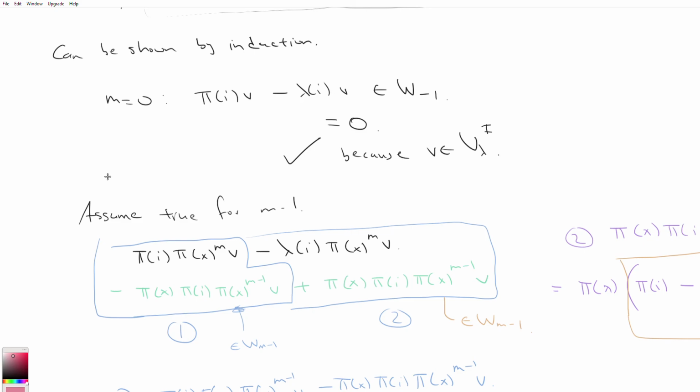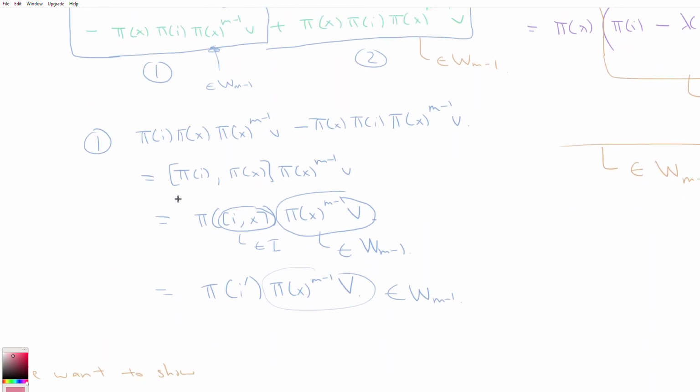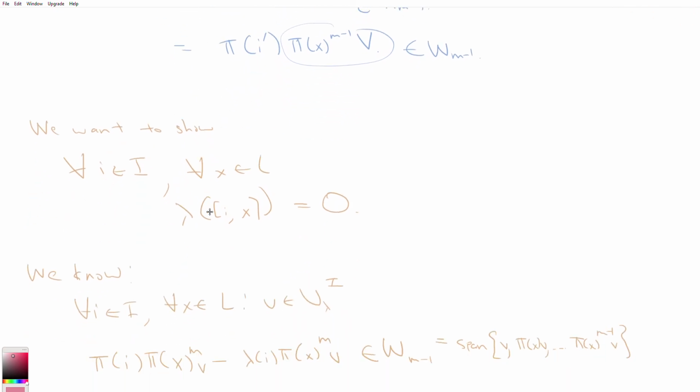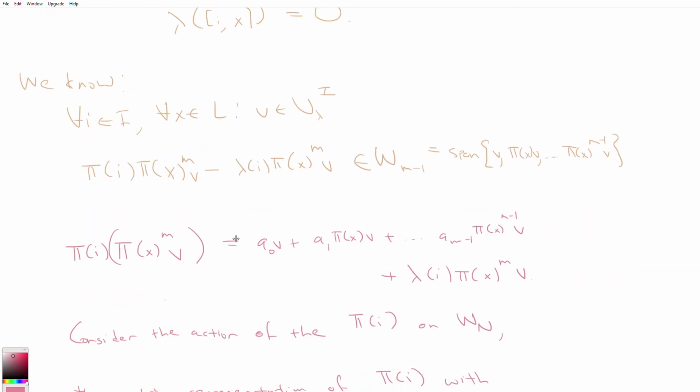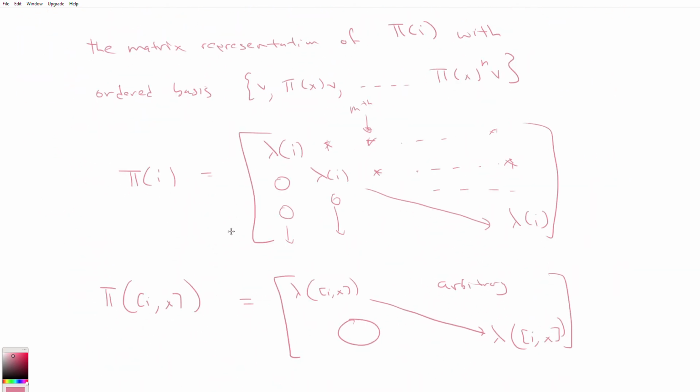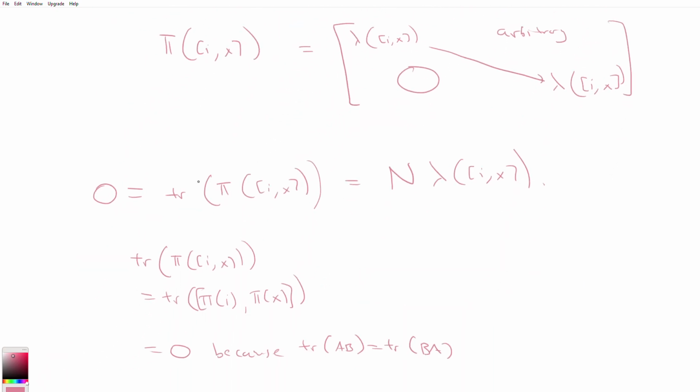With that in mind, using the fact that the trace of a commutator has to be 0, and seeing that this lambda of I bracket x comes back into place, we were able to show our result. So that was kind of the botched summary of what we just did.